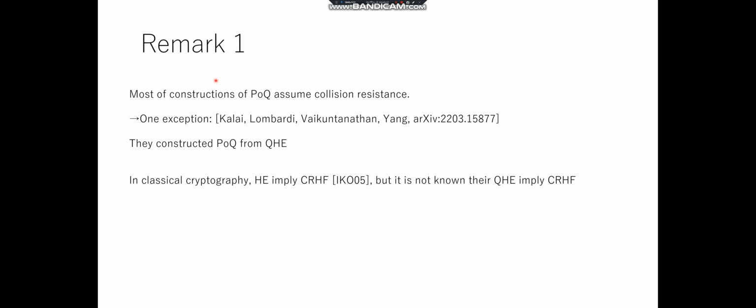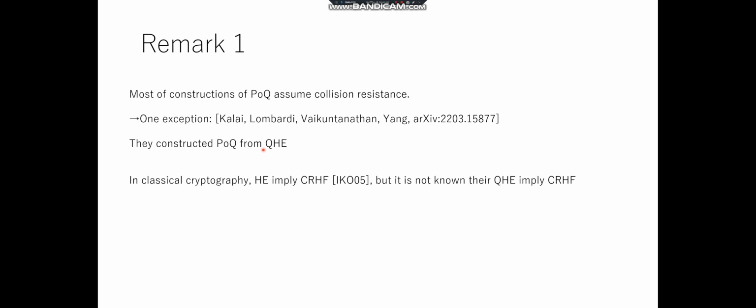First, most constructions of proofs of quantumness assume the collision resistance property, but there is one exception. In this paper, they constructed proofs of quantumness from quantum homomorphic encryption. In classical cryptography, it is known that homomorphic encryption implies the existence of collision-resistant hash functions.